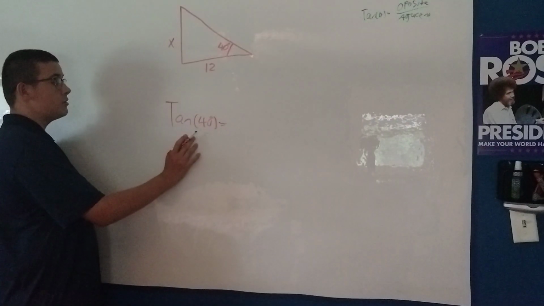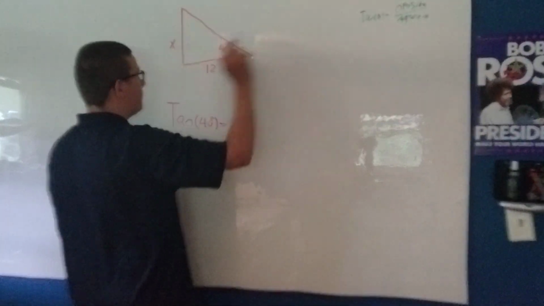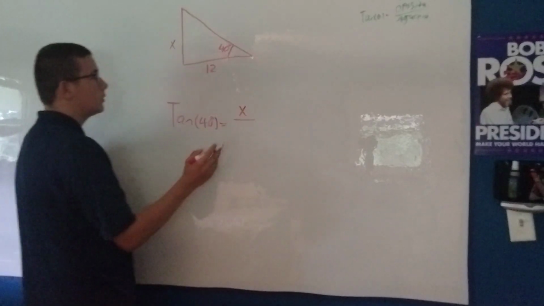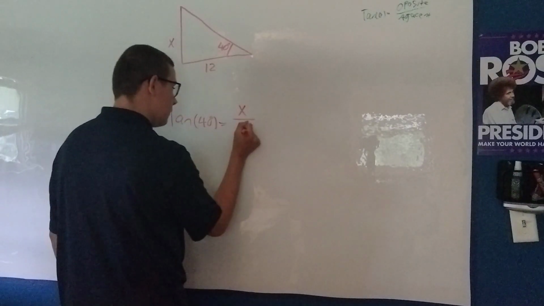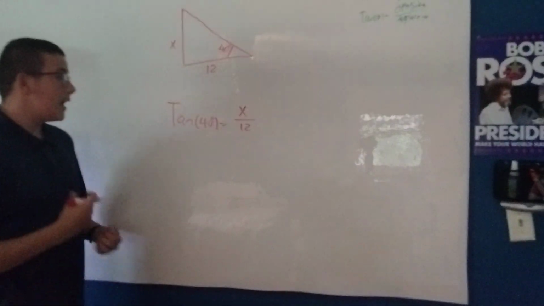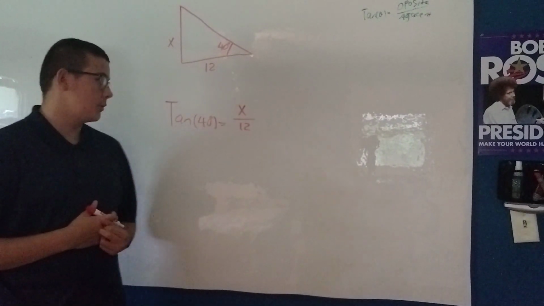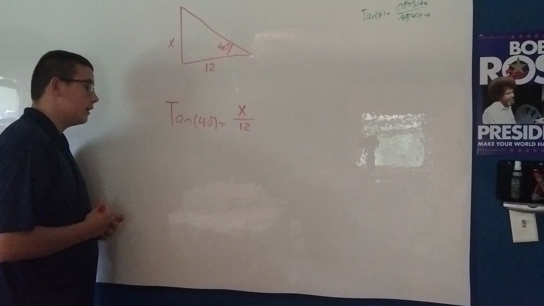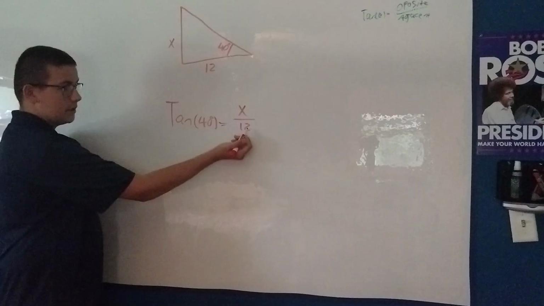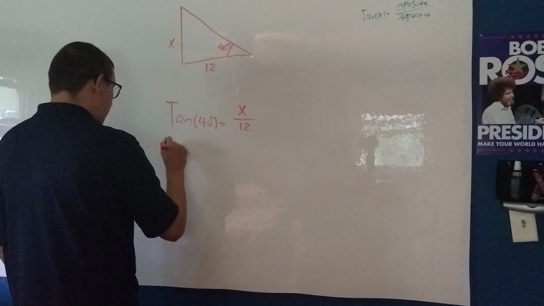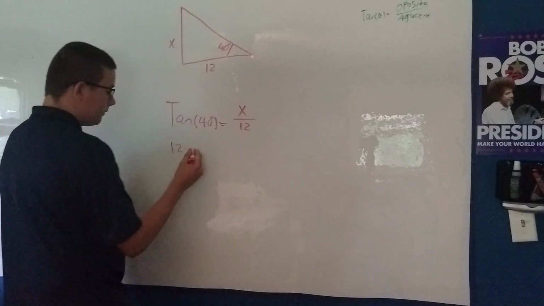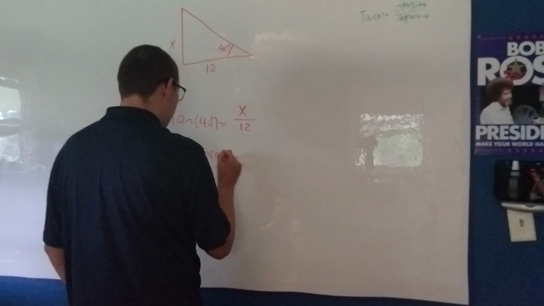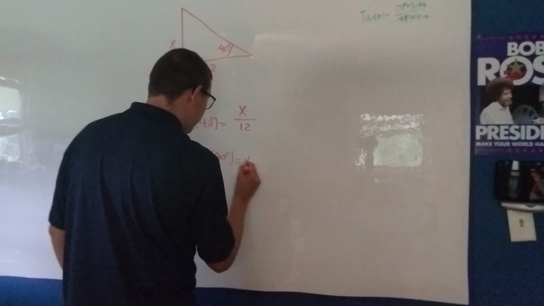So the tangent of 40 degrees is equal to the opposite, x, over the adjacent, 12. And now we just have some basic algebra. First we can just bring the 12 over by multiplying by 12, so 12 times tangent of 40 degrees equals x.